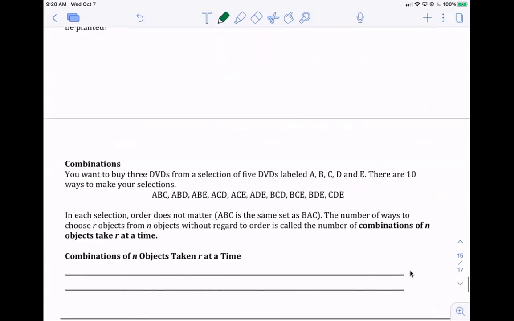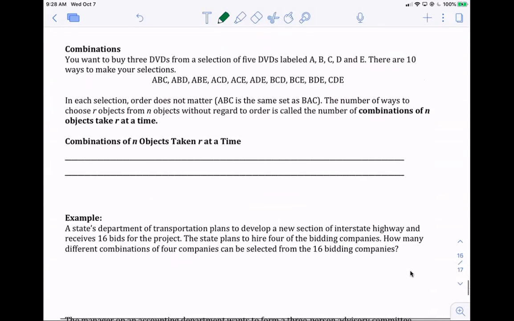Okay, so now looking at combinations. What if our order doesn't matter? We looked at permutations, where position and order matter; combinations is when it doesn't.